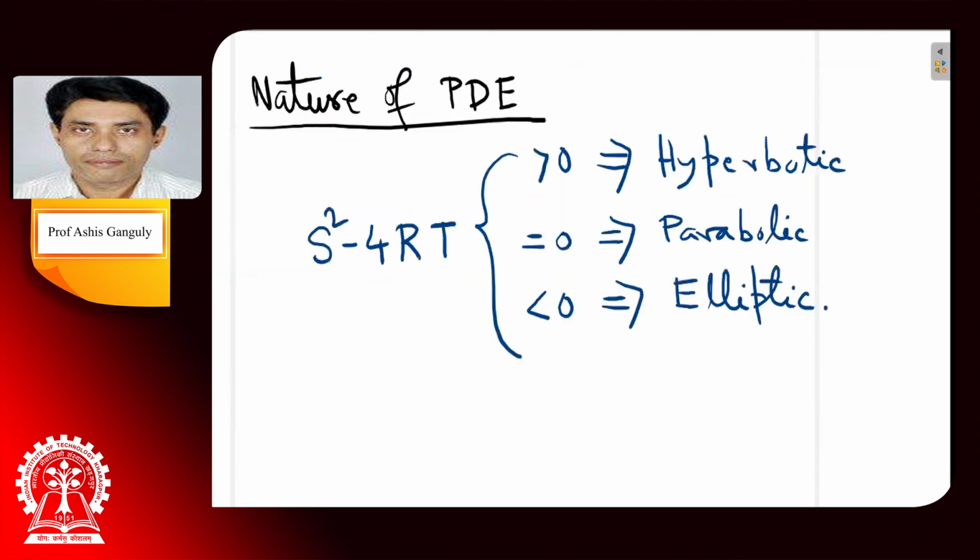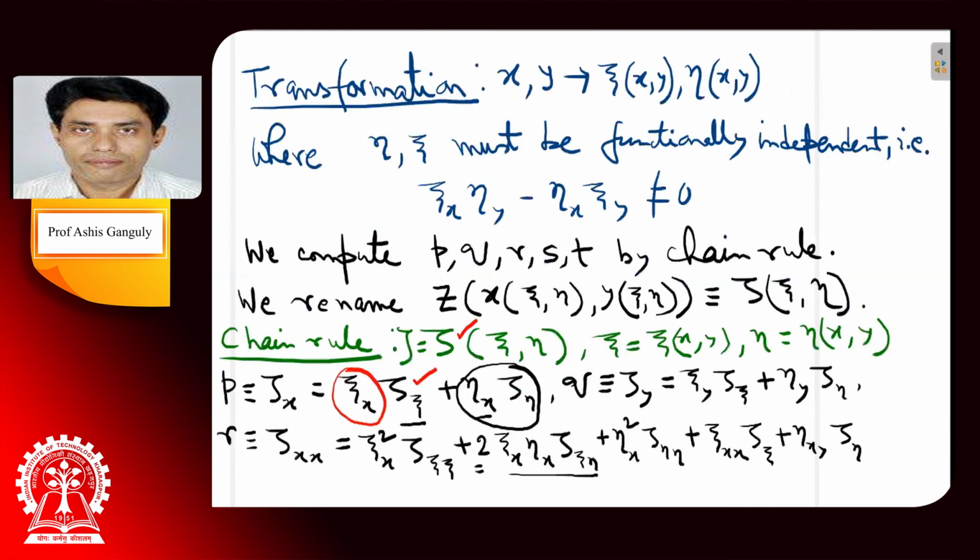This may be 3, this may be 4, this constraint may be 5, and this computation may be 6a, 6b, 6c, 6d, which will be s and t, which I will compute on the next page.